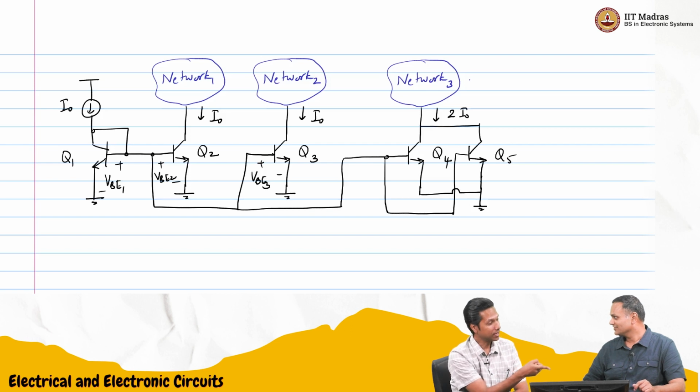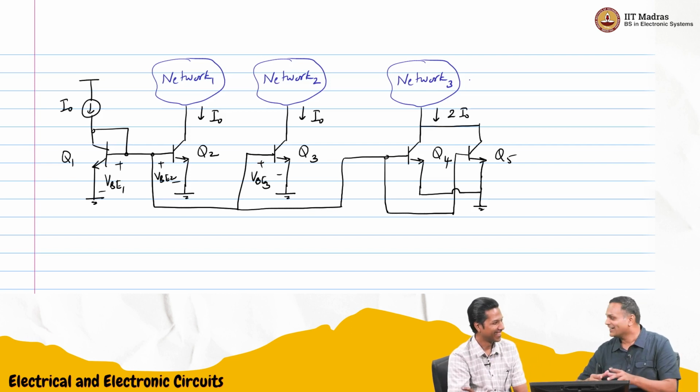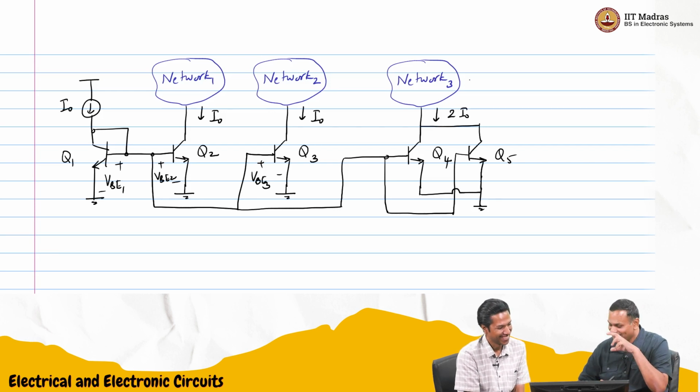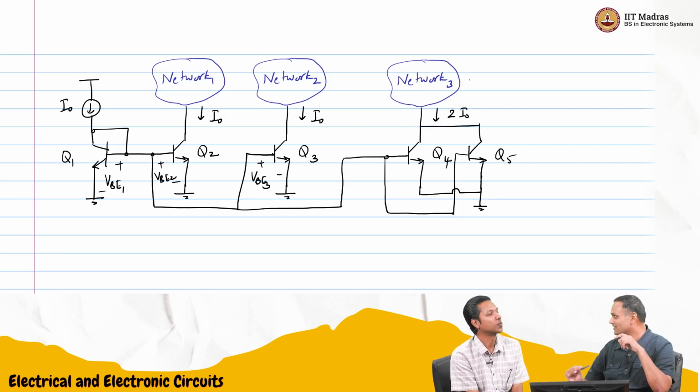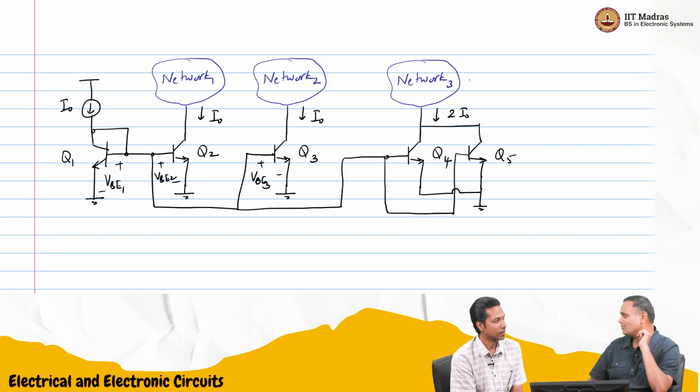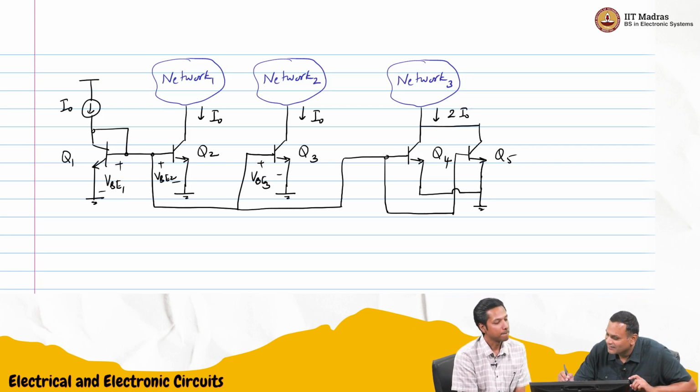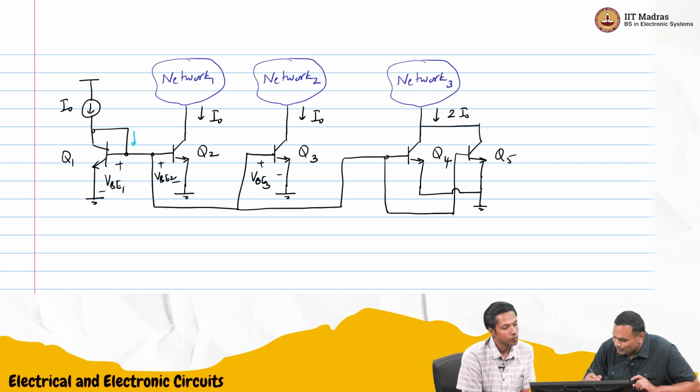Only assumption is we are assuming the base current is zero. That is correct. You immediately caught the problem with this. If you do it too many times, then the base current could become a problem, because we are always assuming that beta is very large.